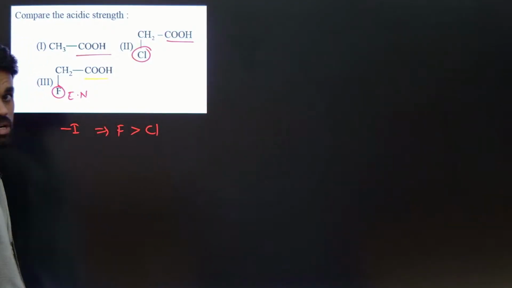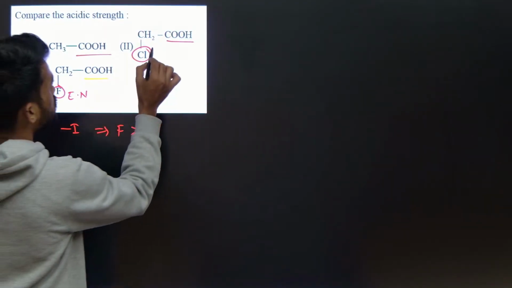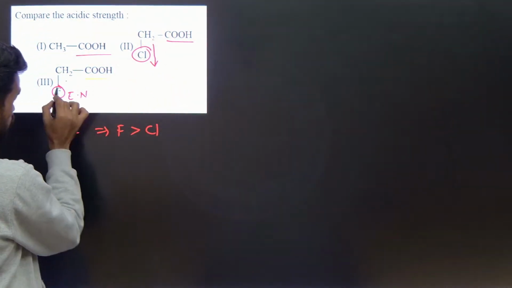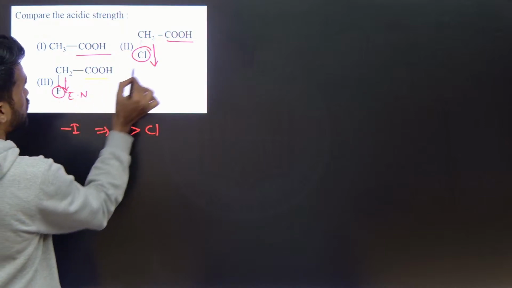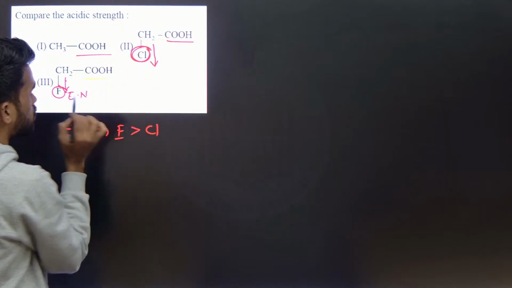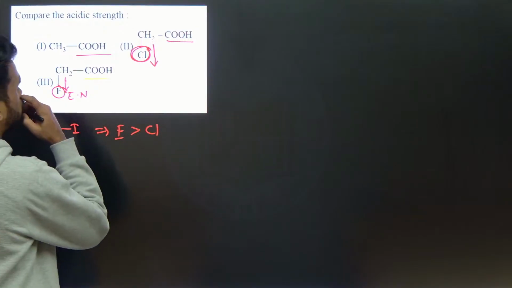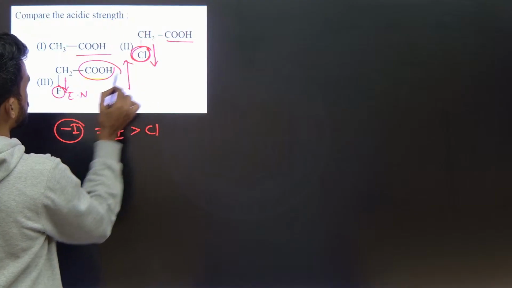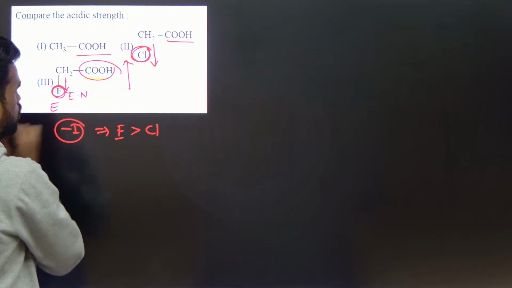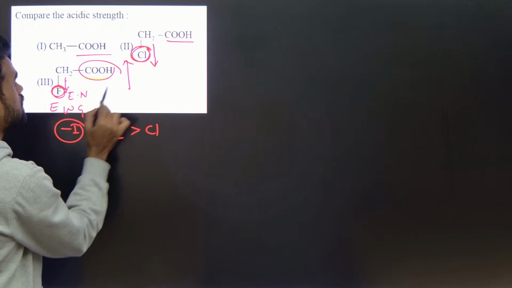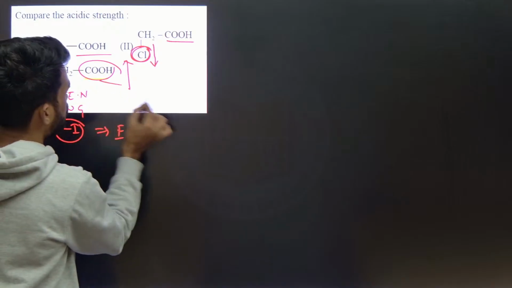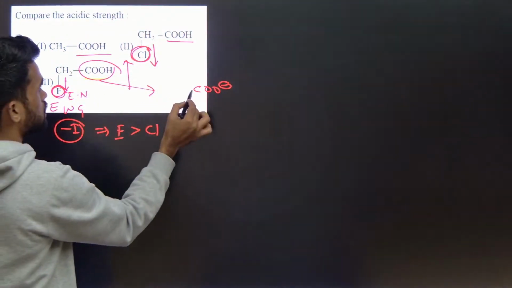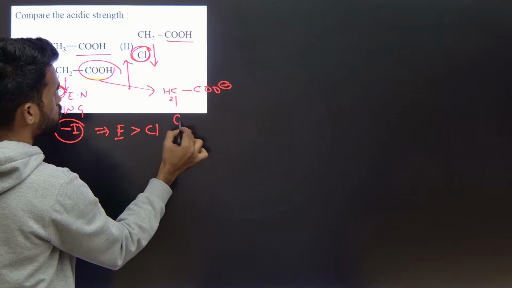Therefore it withdraws the electrons towards itself more effectively when compared with chlorine due to its greater minus I effect. Due to that minus I nature, the acidic nature of the carboxylic acid will increase whenever there are electron withdrawing groups on it. The acidic nature increases because after releasing an H plus ion, it will form a conjugate base like this, CH2 and some group G here, F is there.